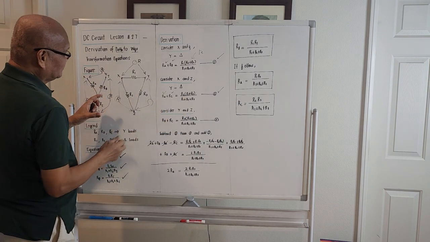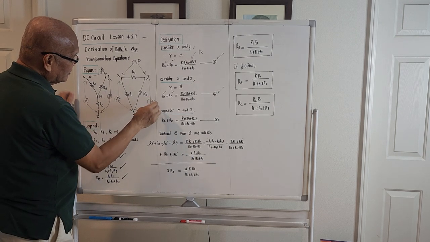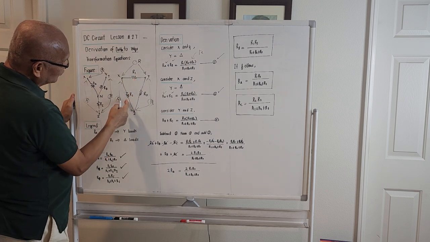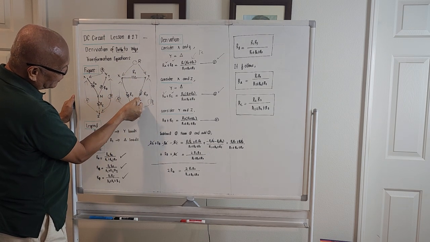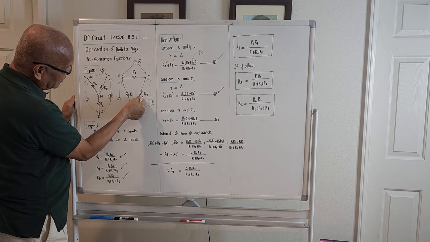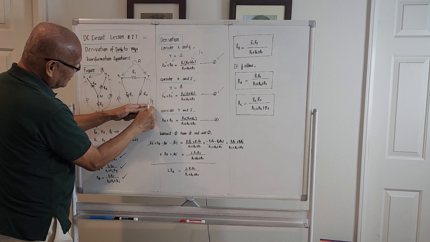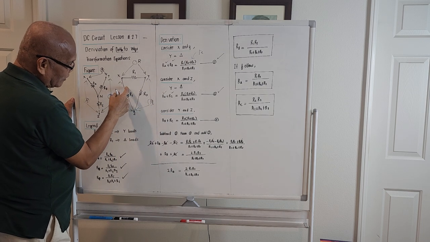On the delta side, if we try to take the equivalent, we put the tester here. Okay. R1 and R2 will be in series, and the single equivalent of R1 and R2 will be in parallel with R3. And if we try to take the single equivalent as a reading for the resistance, again, same formula, product all over the sum.